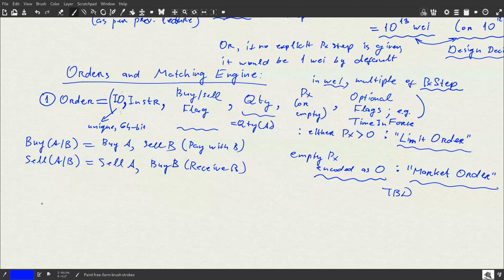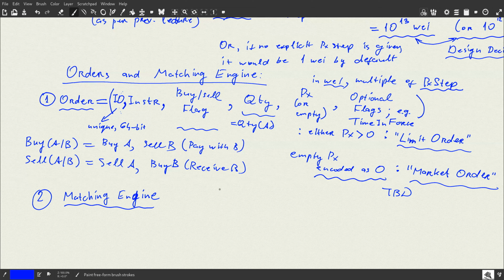I first introduce it graphically, and then we must think about what kind of data structures are available in our smart contracts programming languages that we can use in order to represent this data structure. So now really, the matching engine.